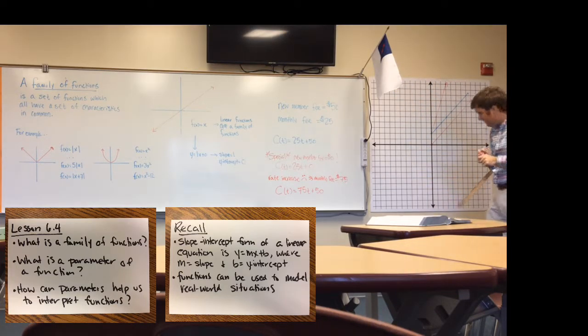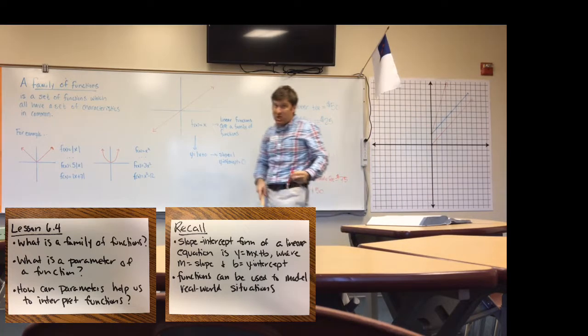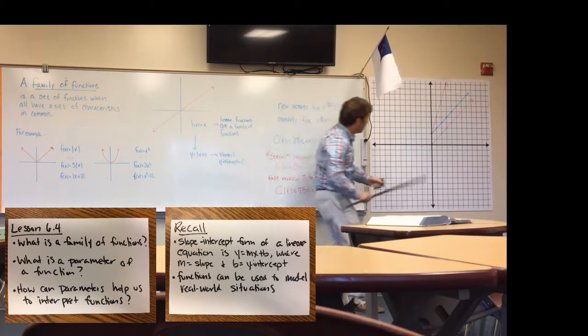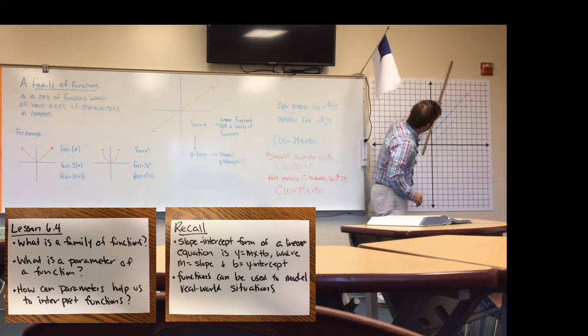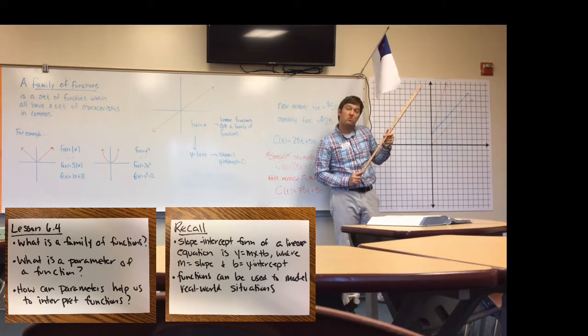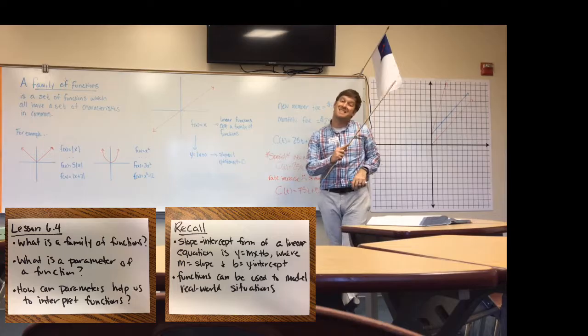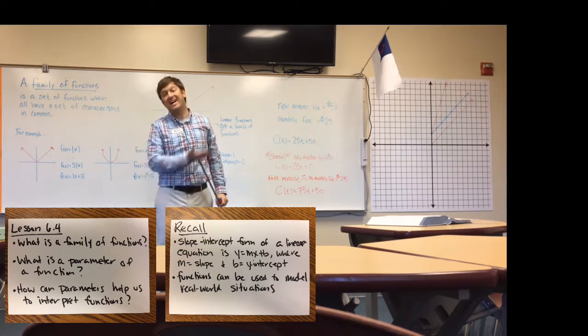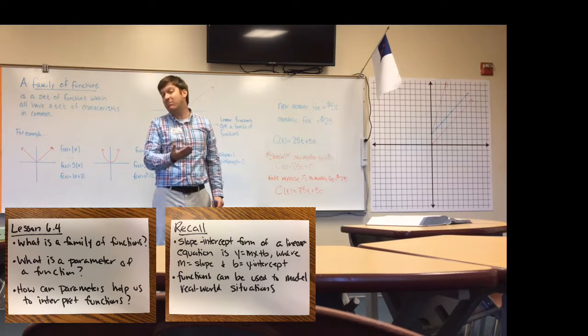Now, we didn't change the vertical position of the line. If you can't see it, the original is right here and the new one is right here. What we did was change the slope. It got steeper. The cost of being a member goes up faster because we changed the monthly fee.